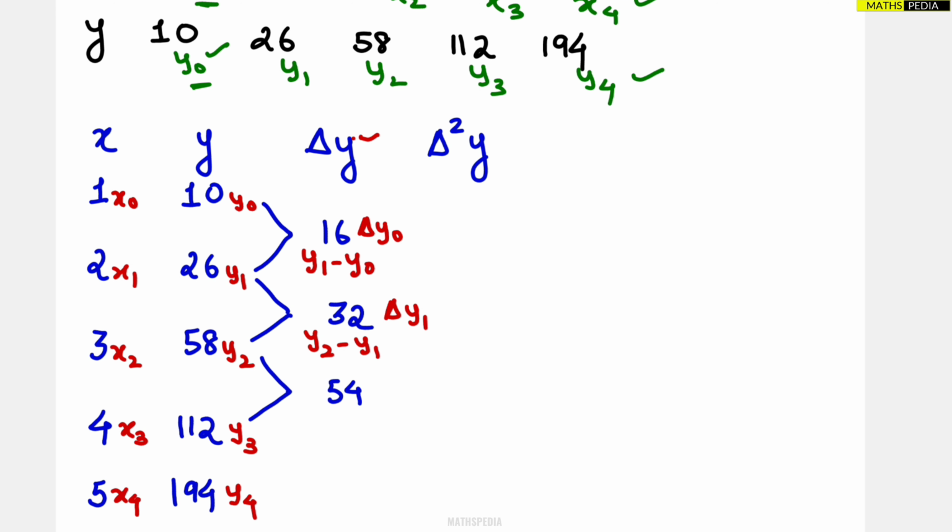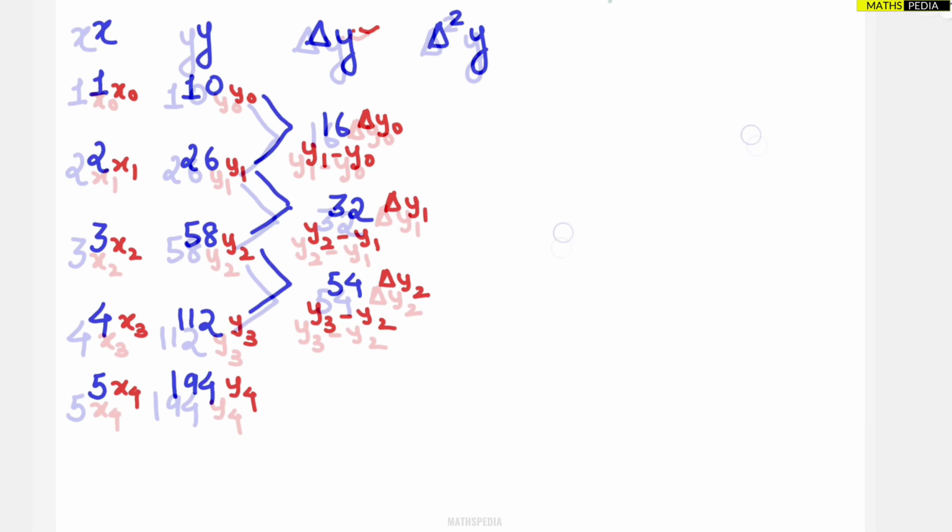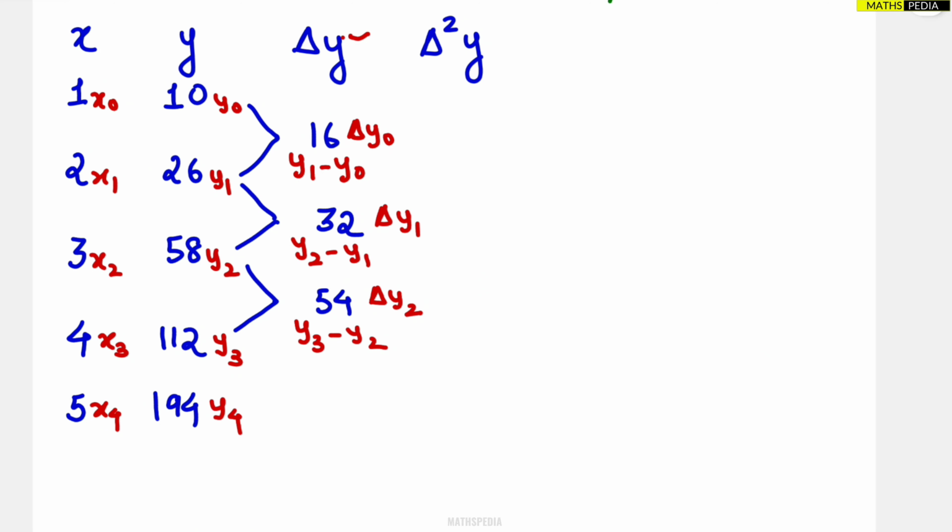I'll write here, and this is delta y2 value, and what I have done, y3 minus y2. Next I have to take these two difference. It will be 194 minus 112, which is 82, and we can write it as delta y3. This is y4 minus y3. Done. So all these values we have finished.